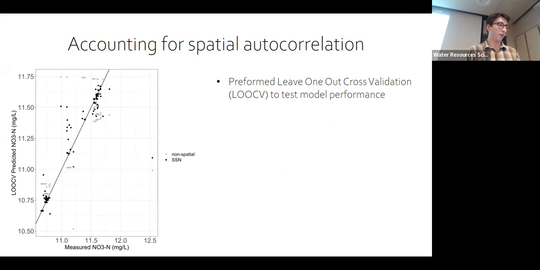And you see here on this figure on the left, we have our non-spatial model results that you've already seen in these gray dots, and then the spatial model results in the black dots. When we account for the spatial autocorrelation, you see less clustering, and it follows this one-to-one line much better.